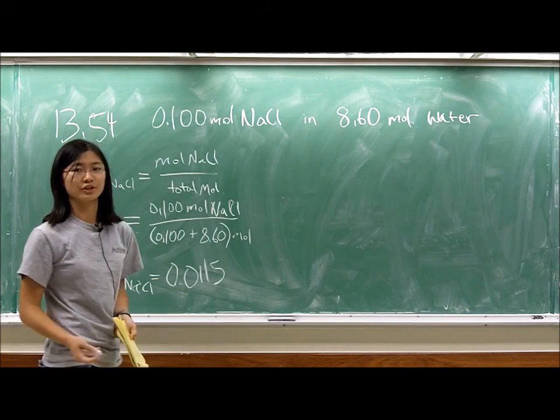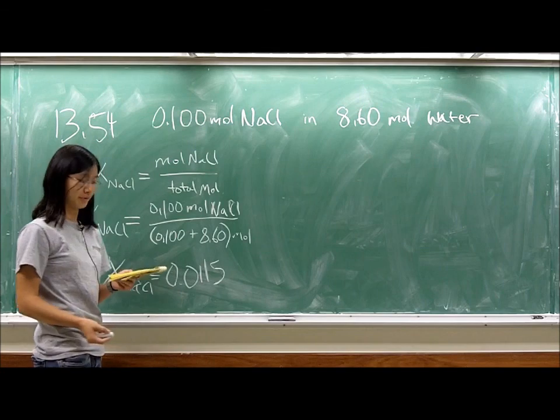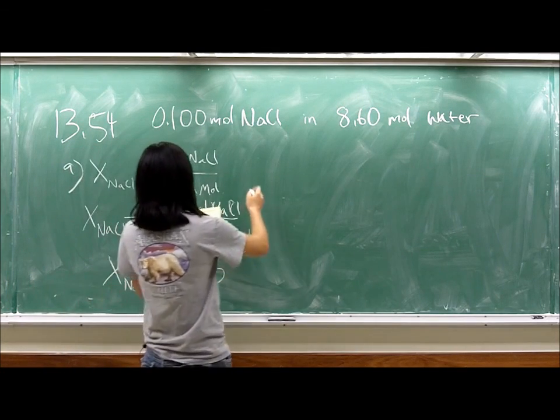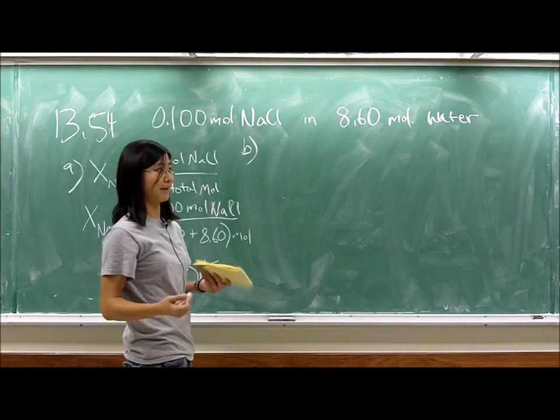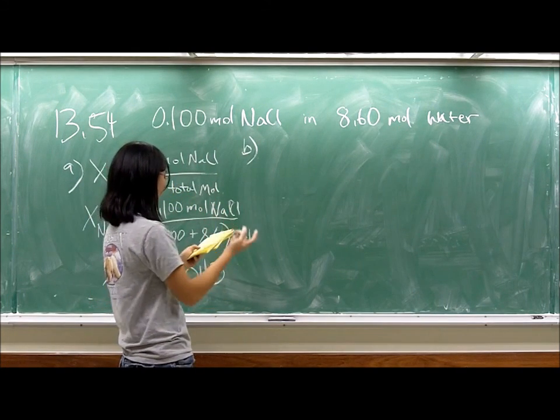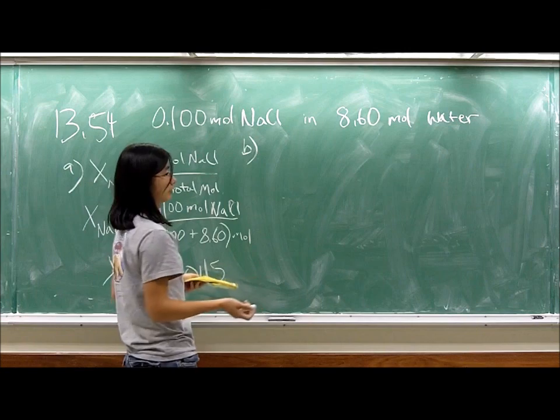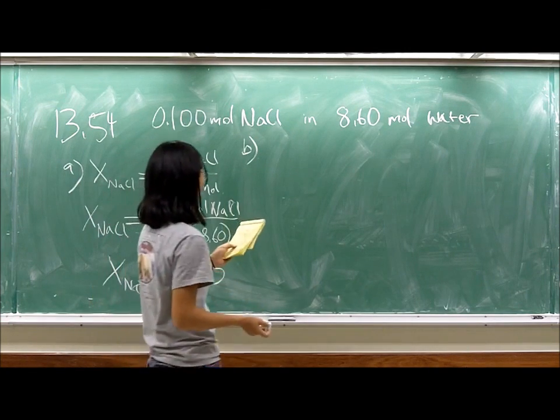The second part of this question asks for the percent mass. To find the percent mass, you need to find the masses. You're given moles, so to find mass from moles, you need to use the molar mass.